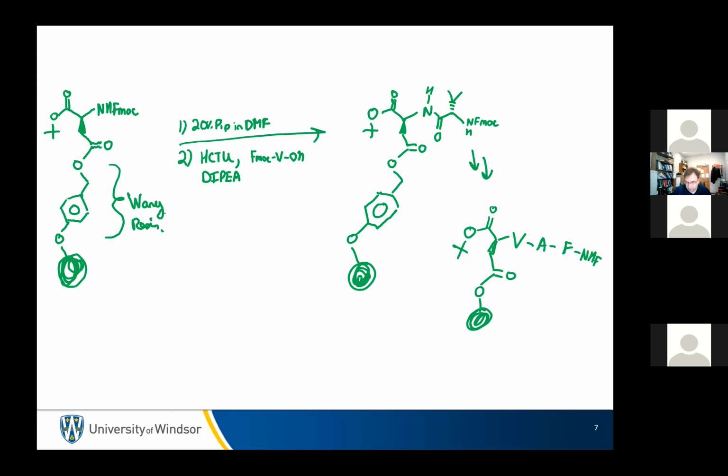Okay. So now our peptide is separated from all the other peptides.